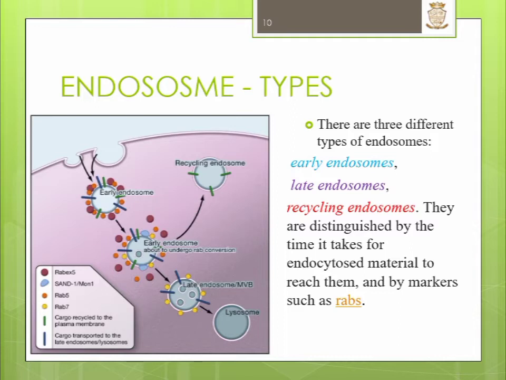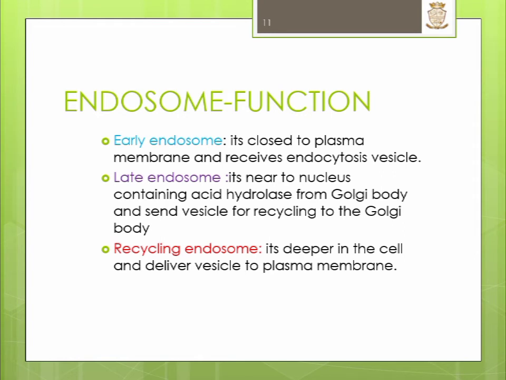Endosome types. There are three different types of endosomes: early endosomes, late endosomes, and recycling endosomes. They are distinguished by the time it takes for endocytosed material to reach them and by markers such as RABs. Endosome function.